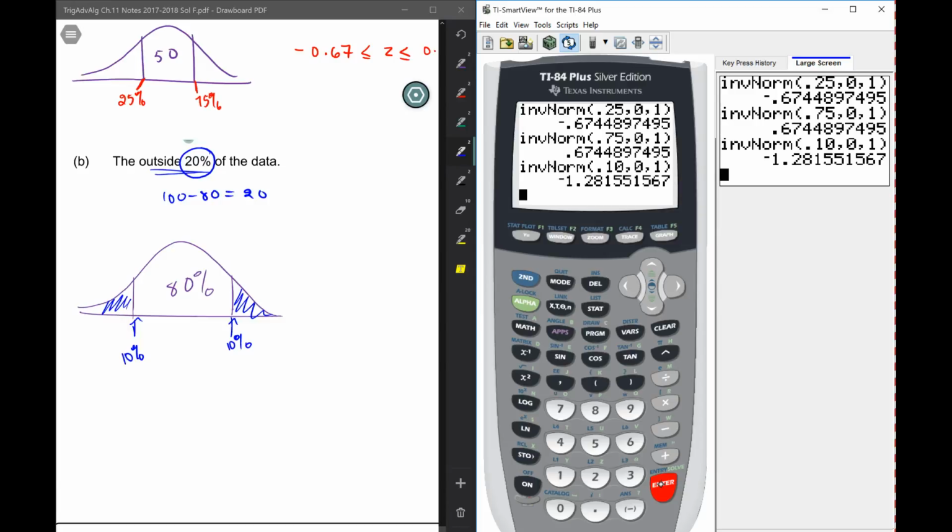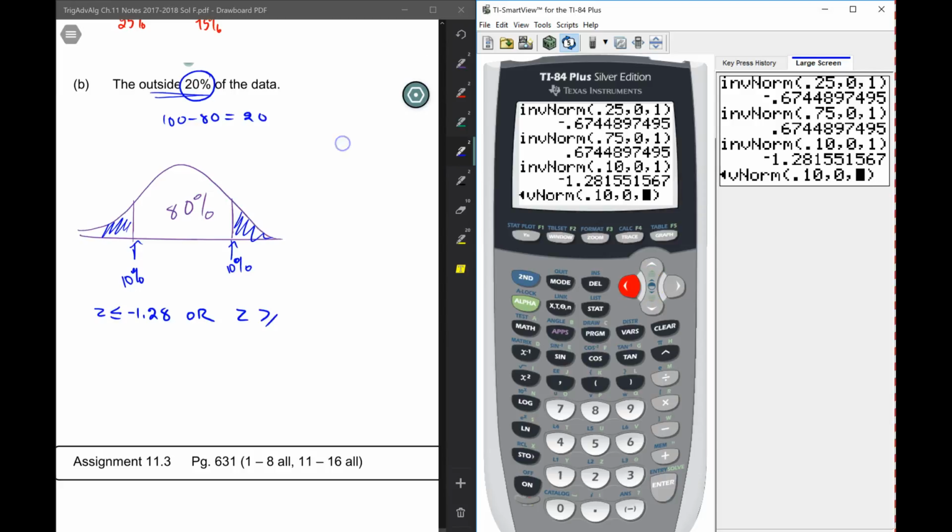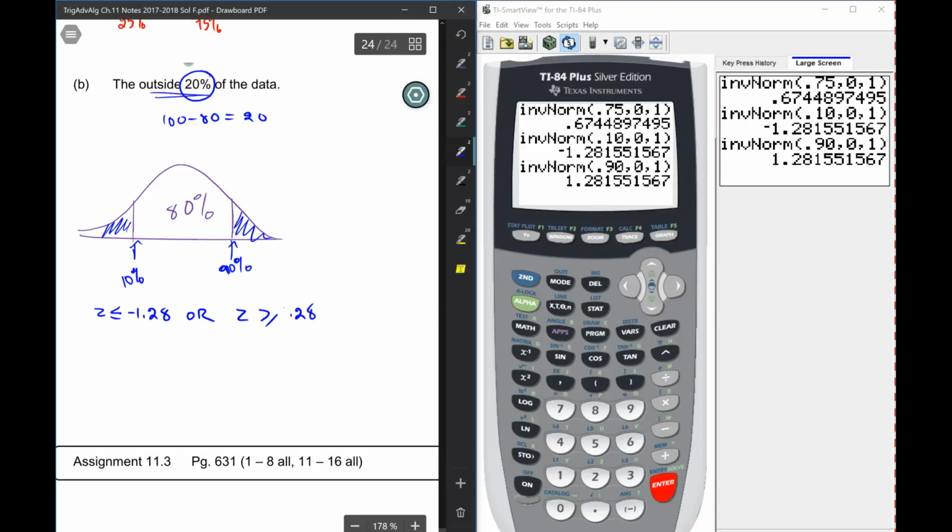So if you want the outside, then you want your z-score to be less than or equal to negative 1.28, or you want your z-score to be greater than or equal to, and if you do it again, it's going to just give you the 90. It's just going to give you the positive version of it, 1.28. Okay? All right, so with that, go ahead and continue with the homework.